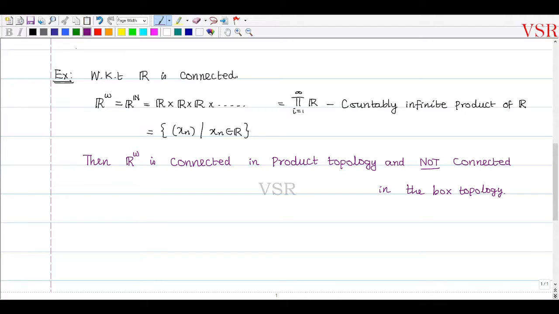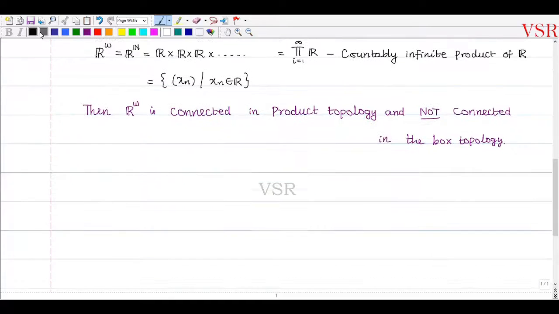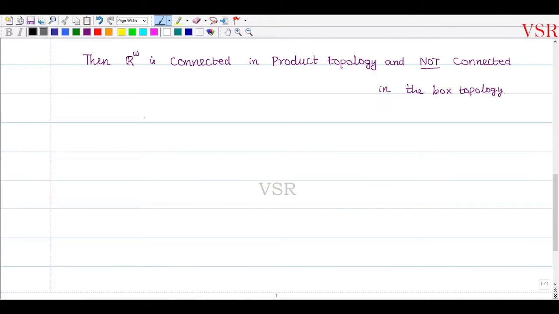First let us show that R omega is not connected in the box topology.